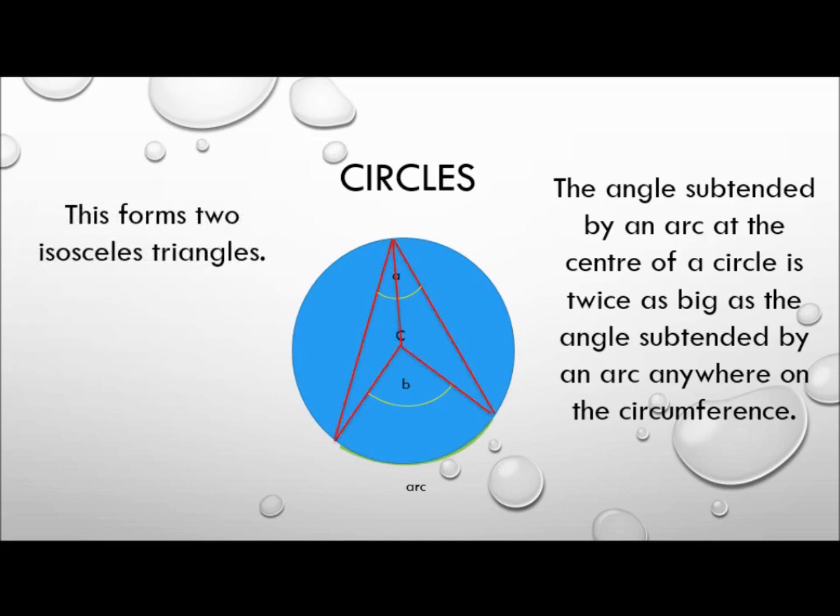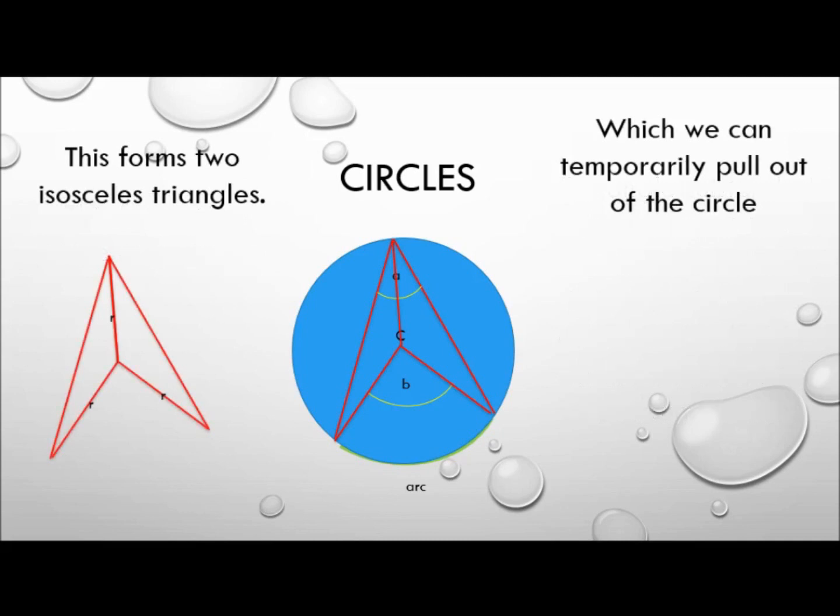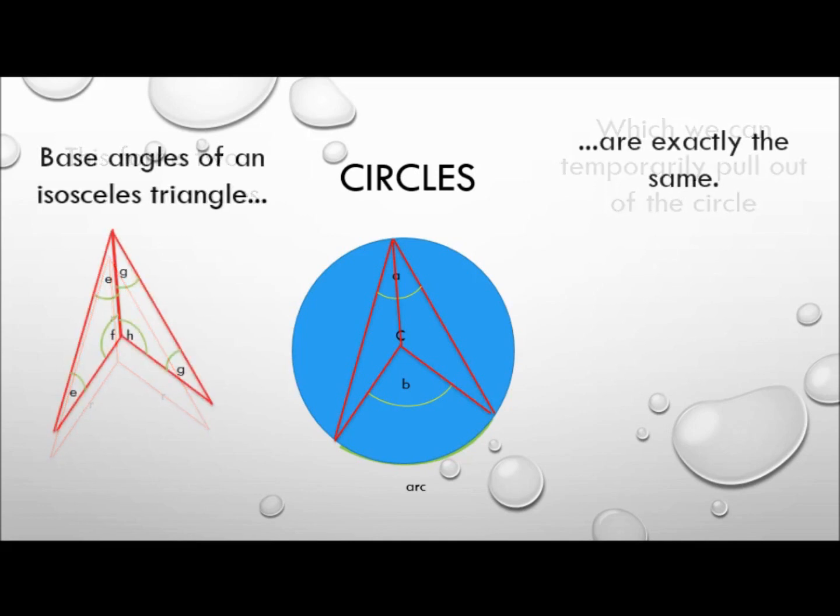This forms two isosceles triangles, which we can pull out of the circle, at least on a temporary basis. Now base angles of an isosceles triangle are exactly the same, so we can go ahead and label them. So I've labelled the base angles E and G respectively, and the angles between them are F and H.